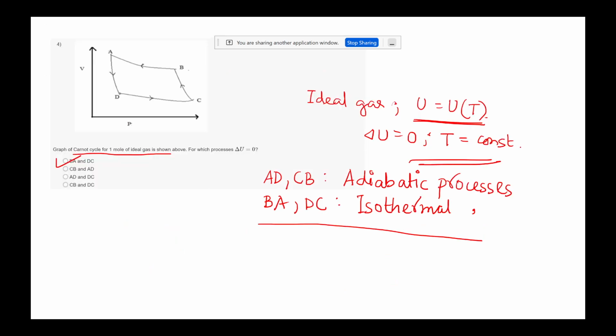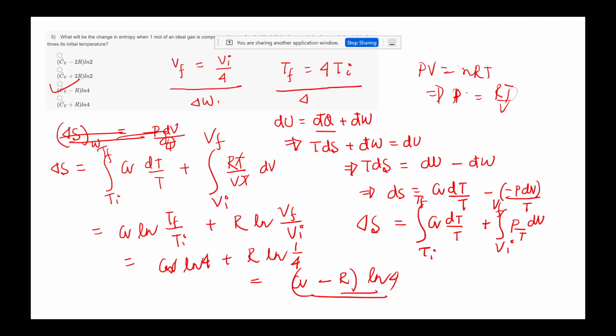And then from the PV diagram for any Carnot cycle, we got to know that in isothermal processes the change in internal energy is 0, because for an ideal gas it is only a function of T. Since in an isothermal process the temperature is constant, delta U will be 0.